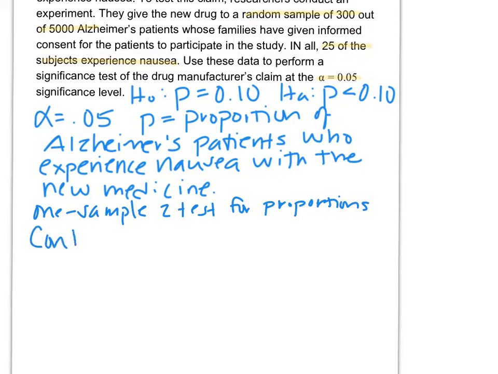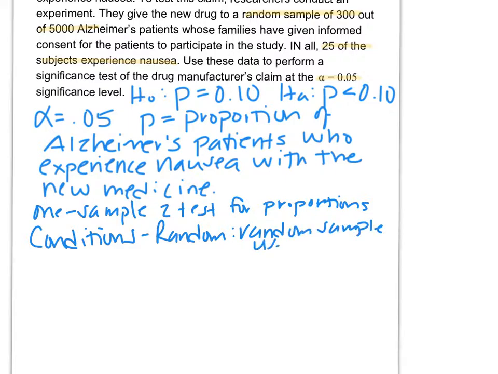And so I'm going to check my conditions. I need a random sample, which we were told about. I need to check the 10% condition, and it said the random sample was 300 out of the 5,000 Alzheimer's patients. So 5,000 is definitely greater than or equal to 3,000, so we're good with that.